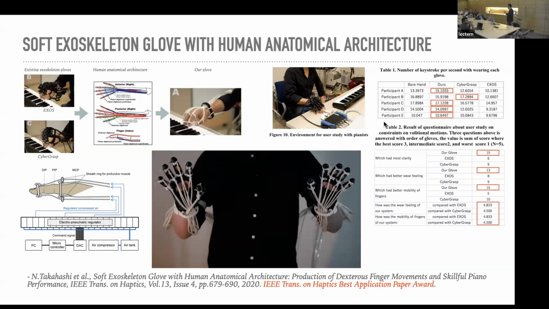And the most important thing is we made them wear the gloves on their right hand. We did the experiment with the right hand. But after the experiment, their left hand also moved faster.